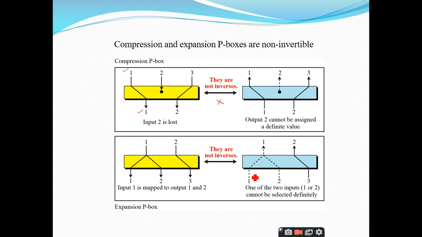So when you reverse it or invert it, this component is not considered as the inverse of this component. So the expansion P boxes and the compression P boxes are not inverses, they are non-invertible, we can say, right? Is it clear?